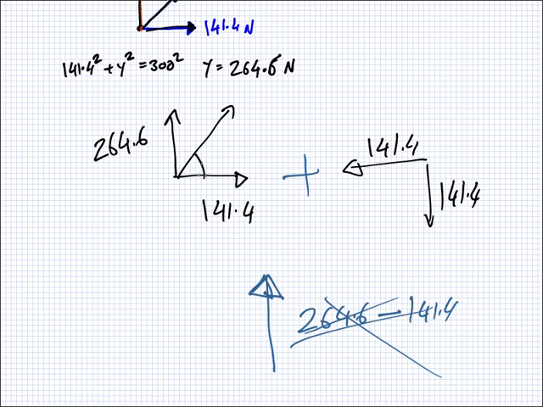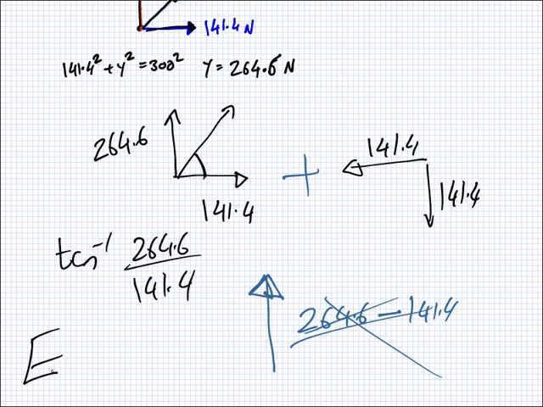So if I get this angle, it's tan inverse 264.6 over 141.4. So 61.9. Yeah. Is the answer. The bird has to head at this angle. This will cancel the effect of the wind.